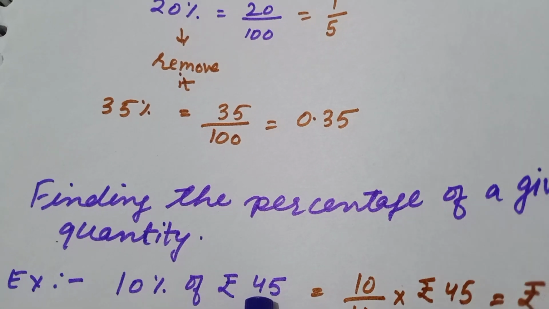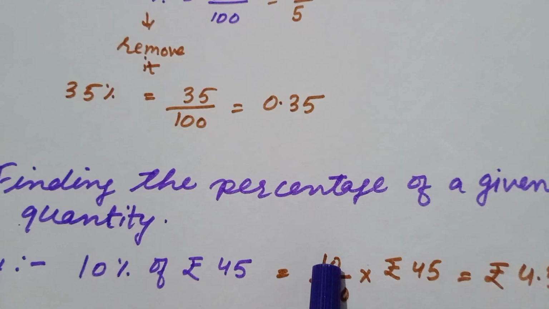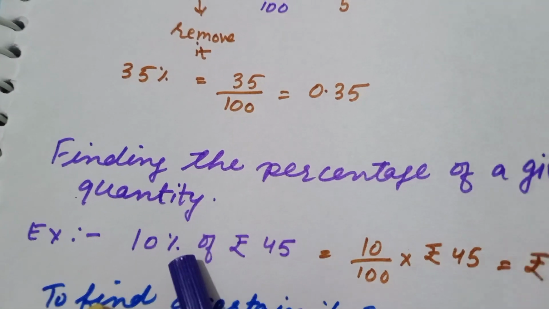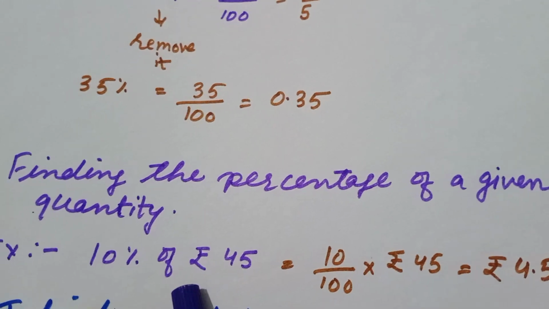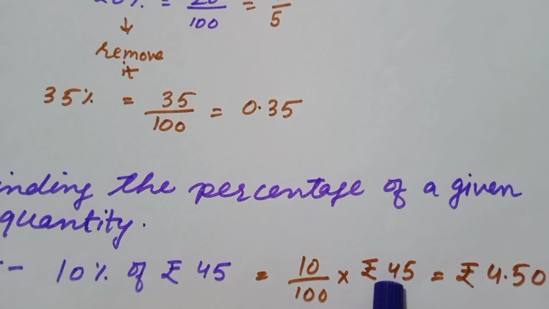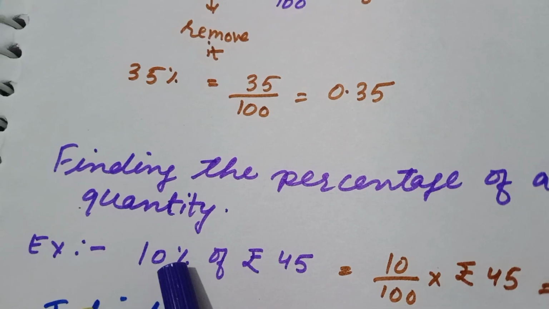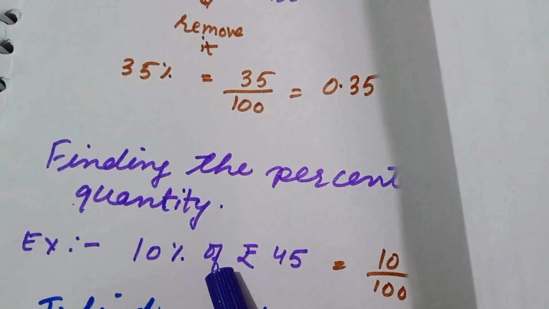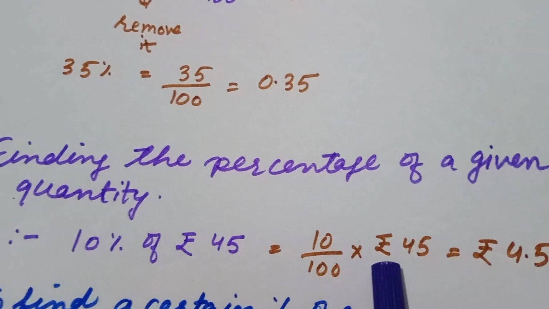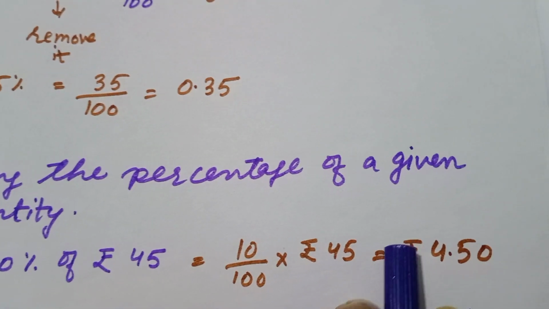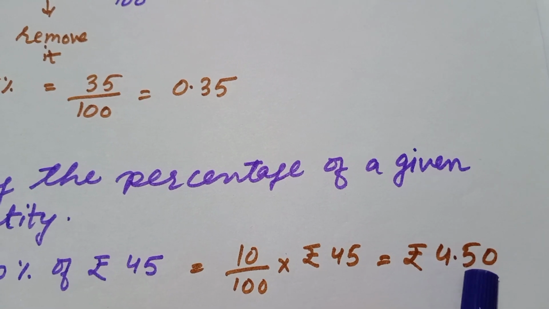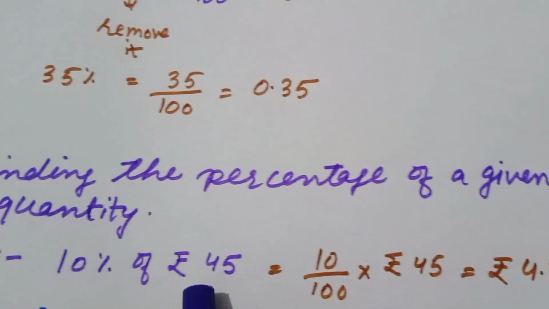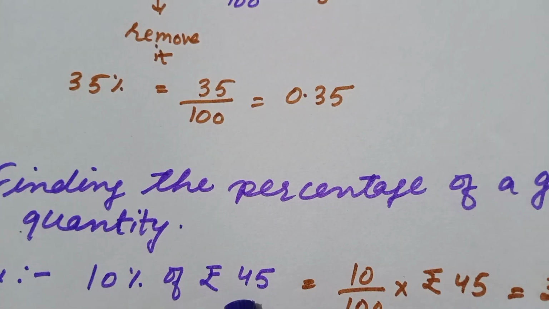We all know that to remove the percentage we divide by 100, and of is replaced with multiplication. So 10 by 100 into 45, or you can say rupees 4.50. Rupees 4 and 50 paise will be the 10% of rupees 45.